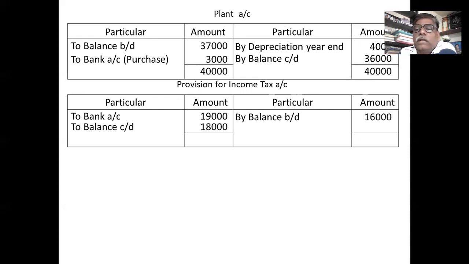This is the information given to you: provision for tax opening is 16,000, closing is 18,000, tax paid is 19,000 given in the problem. You close the account, and whatever difference comes is called by P&L account. By P&L account means current year provision. Remember this.